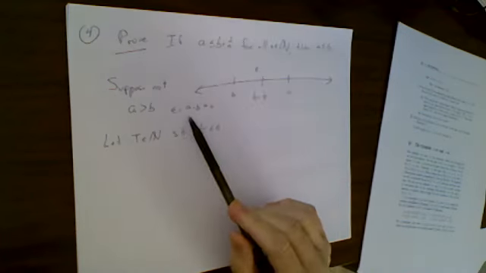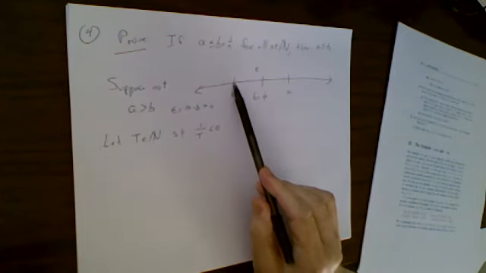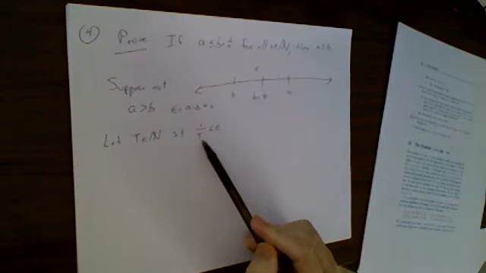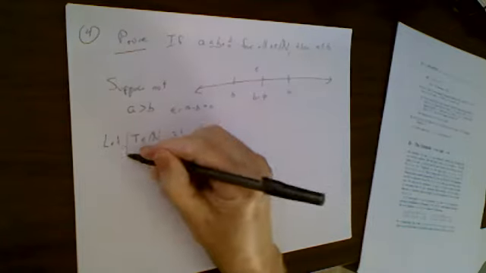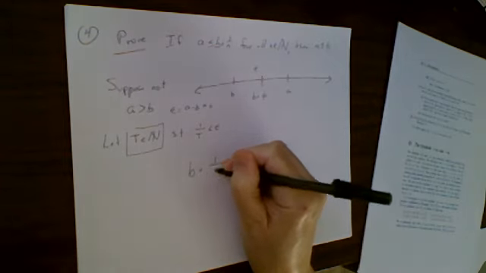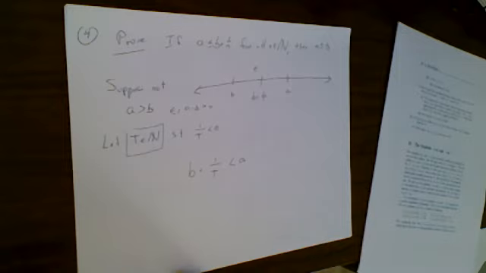Again, since we're defining epsilon to be a minus b, if you add epsilon to b, you get to a. If you add something less than epsilon, you don't make it all the way to a. So for this particular positive integer, b plus 1 over t is less than a, as you can see from the picture.